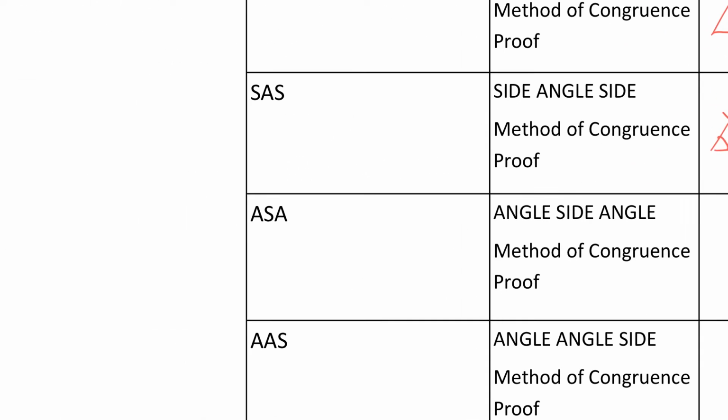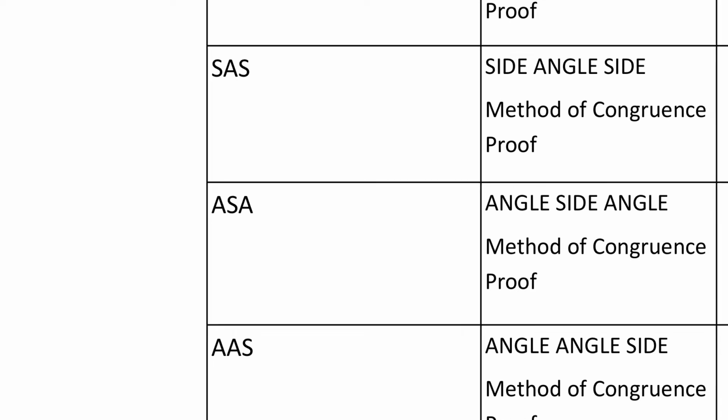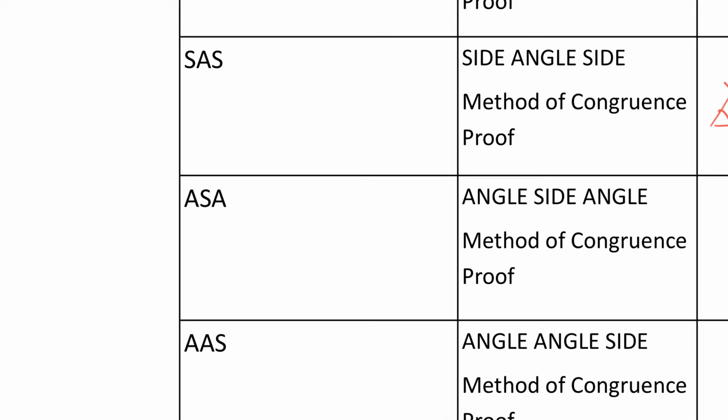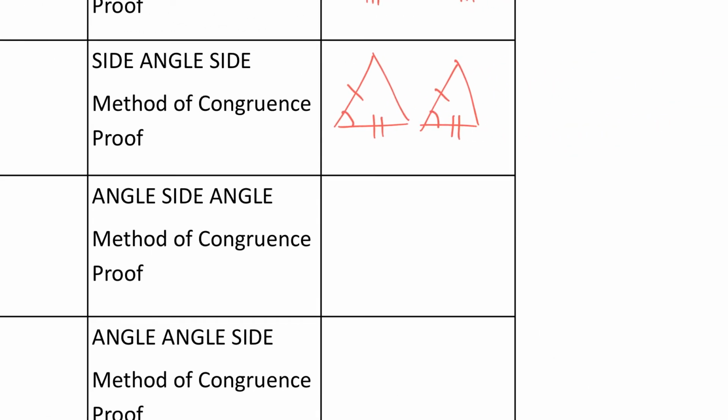Next one, what does ASA stand for? Angle side angle. So we're going to have this angle congruent to this angle, this side congruent to this side, and then this angle congruent to this angle.